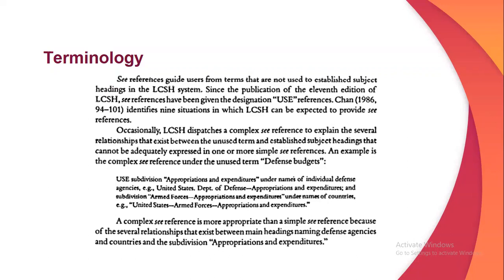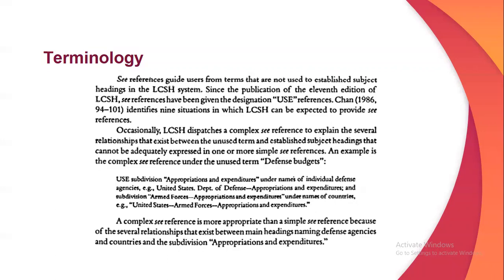Occasionally, Library of Congress subject headings provides a complex see reference to explain the several relationships that exist between the unused term and the established subject headings that cannot be adequately expressed in one or more simple see references. An example is the complex see reference under the unused term, defense budgets. Use the subdivision appropriations and expenditures under the names of individual defense agencies.